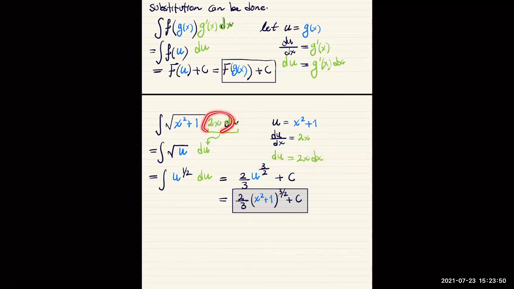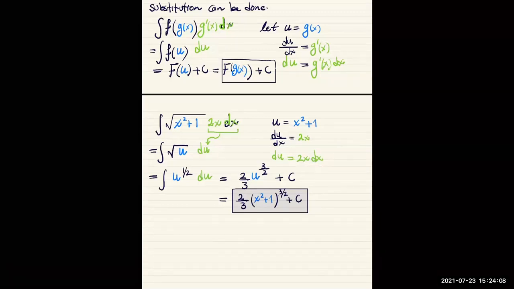We need, if you look at the original form, the derivative of the inner part sitting outside, because if you don't have that, then this is not chain rule. We're not doing the opposite of chain rule.